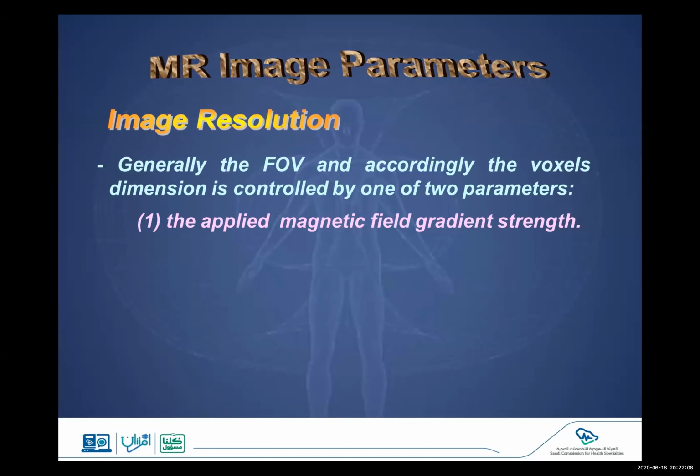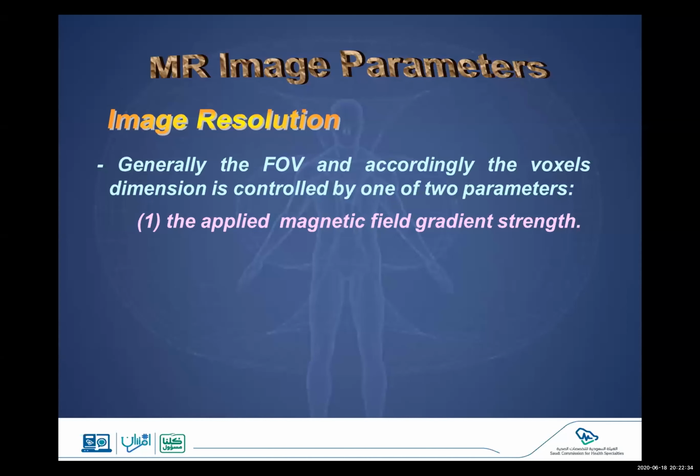The function of those coils is to be active during the scanning, and they're generating a linear magnetic field gradient. That means it's high on one side of the magnet and very low on the other side. So if we switch on the magnet gradients during the scan, they will help us to select a slice or to do frequency encoding, phase encoding, and many things.